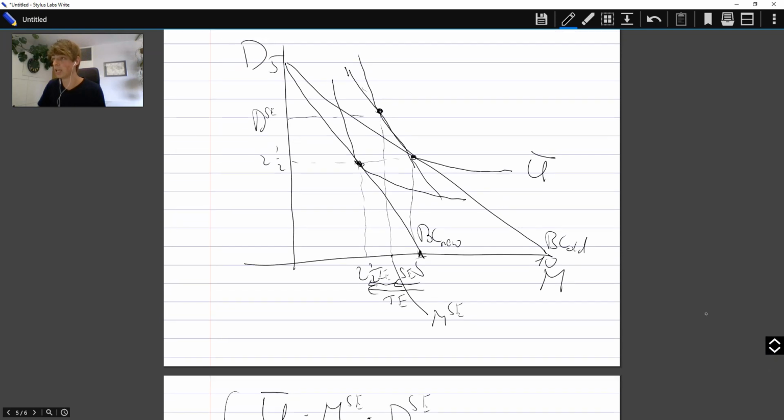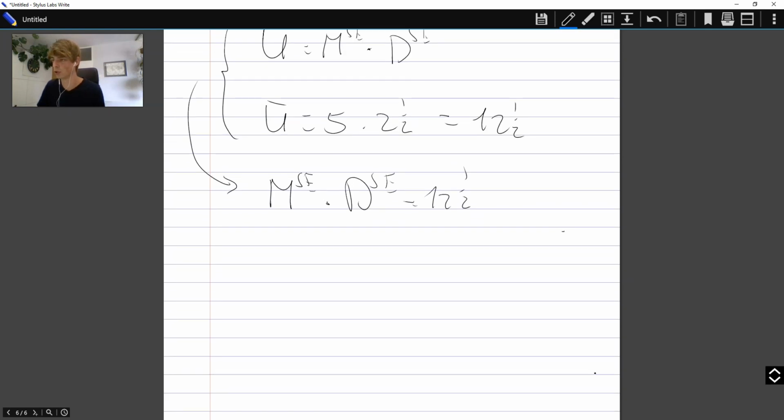The second thing we know is that the new budget constraint is tangent to the indifference curve here. So the slope of the new budget constraint equals -1. And the reason is that PM equals PD equals 20 in that case, right? That's the new situation.